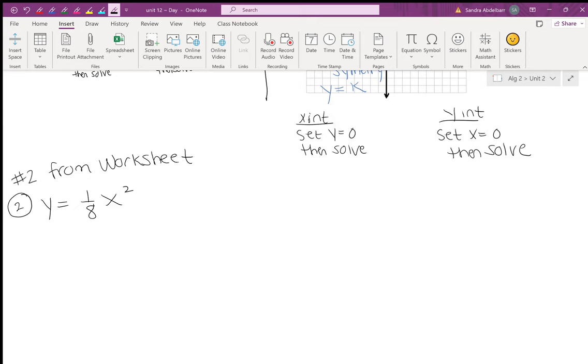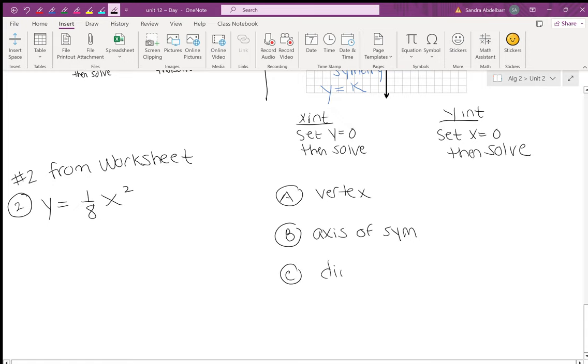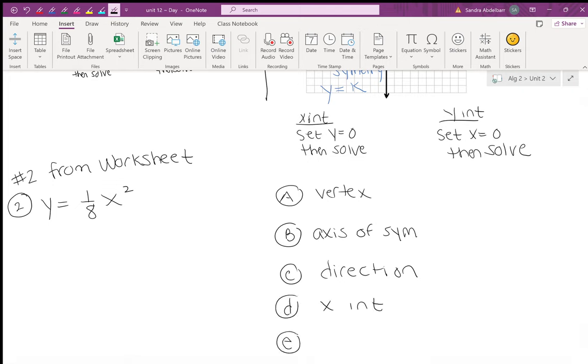I'm going to ask you a couple of questions: to identify the vertex, the axis of symmetry, the direction, the x-intercept, and the y-intercept. So I'm going to ask all 5 of those. So it's going to be even worse on the test.